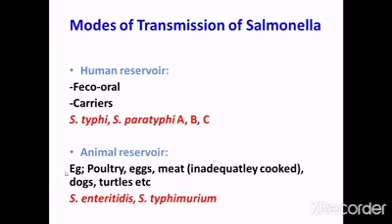So the mode of transmission would be the animals. This is also known as Salmonella gastroenteritis, a zoonotic disease if you talk about the disease name. So it is zoonotic in nature.